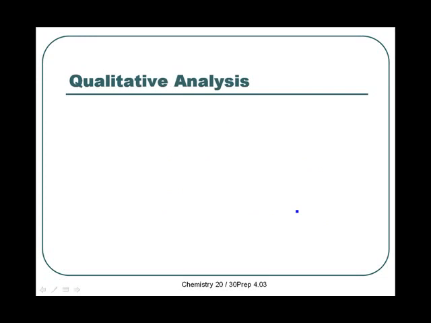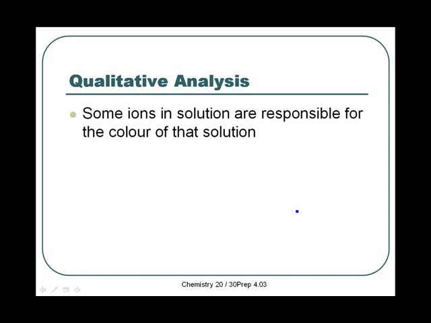And now we're going to talk about what these equations are good for by looking at qualitative analysis. So we know that if there are ions in solution, sometimes those ions can cause the solution to be colored. If you take a look at the 2008 data booklet, page 11, you'll see a table showing you ions in solution.